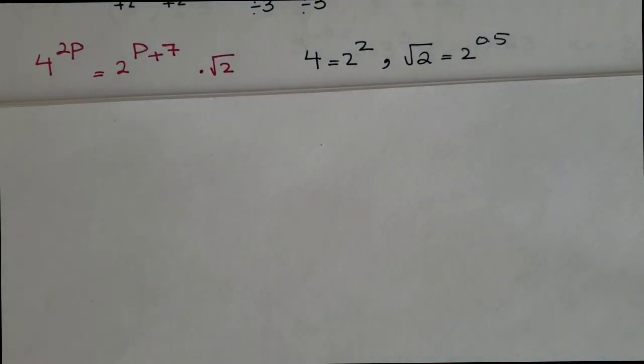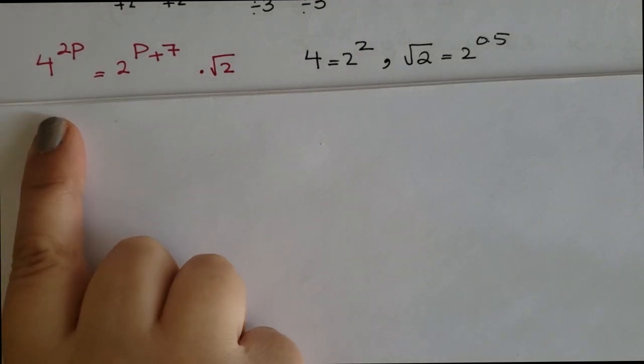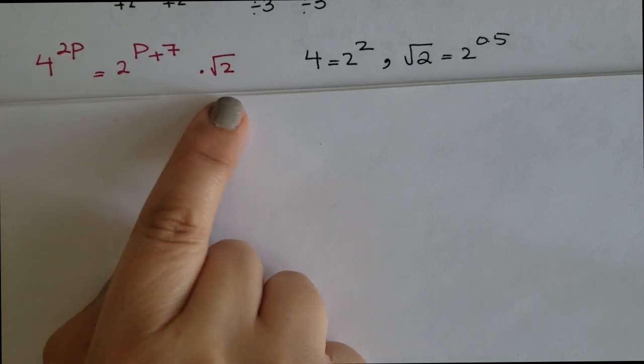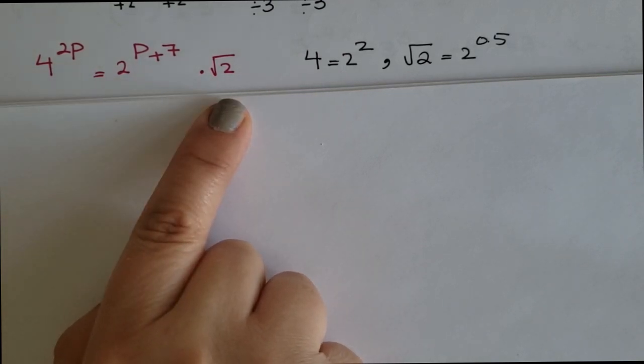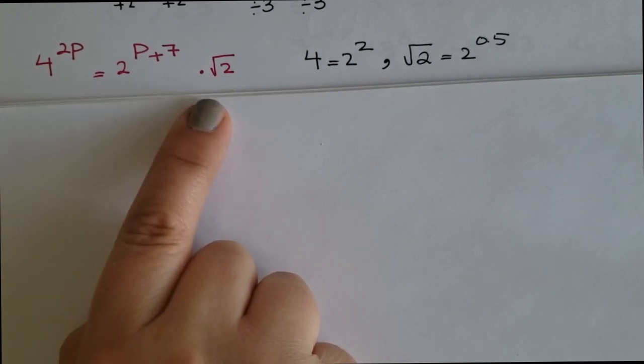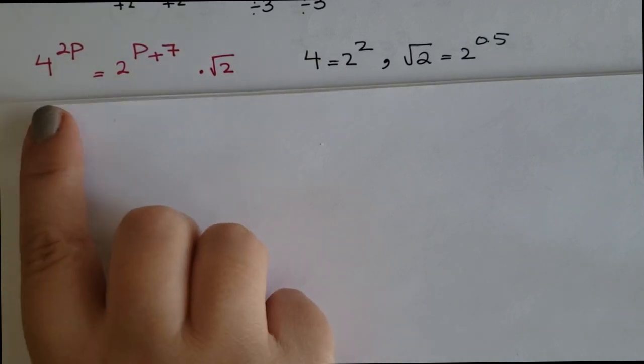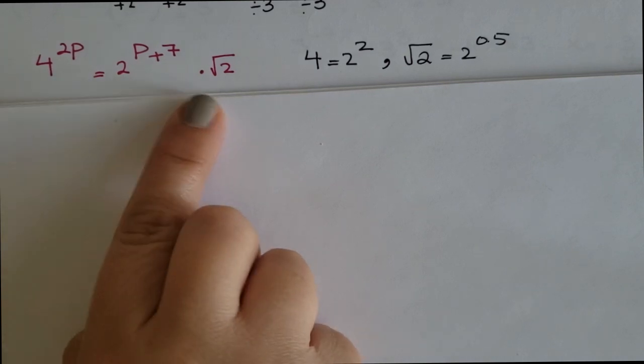For the next example, I have 4 to the power 2p equals, on this side, two different expressions multiplied by one another. What I can see from here is that the bases are not the same, but they are convertible to one another.